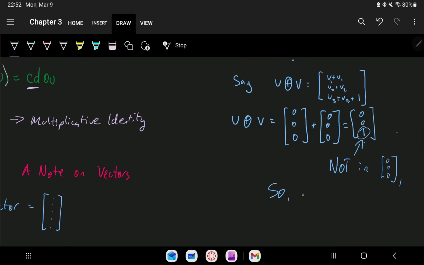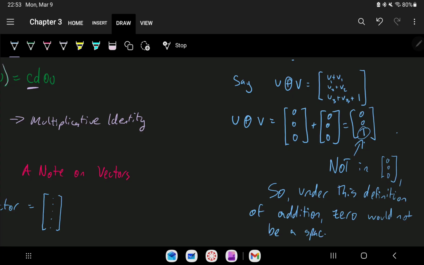So, under this definition of addition, 0 would not be a vector space.